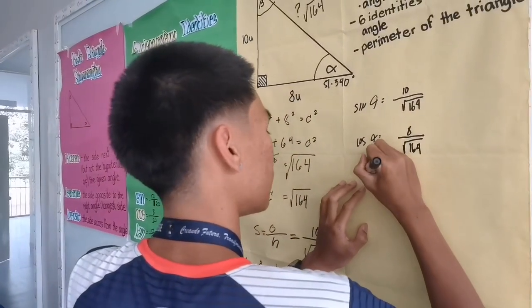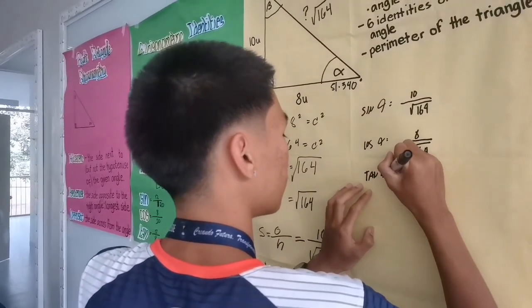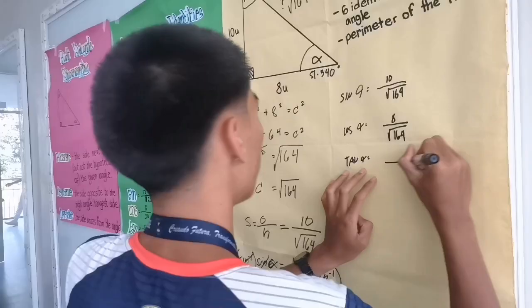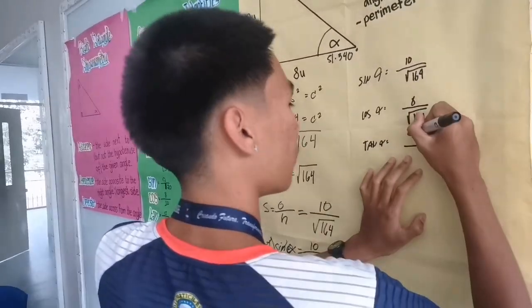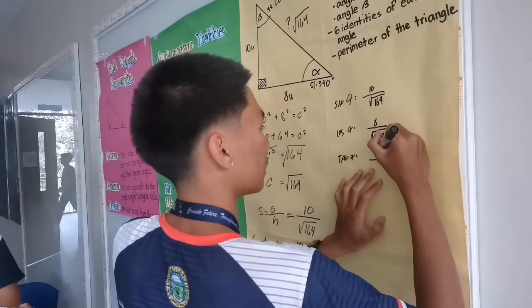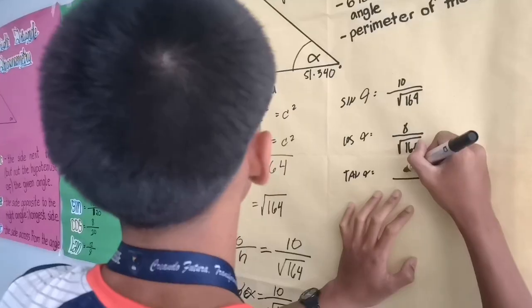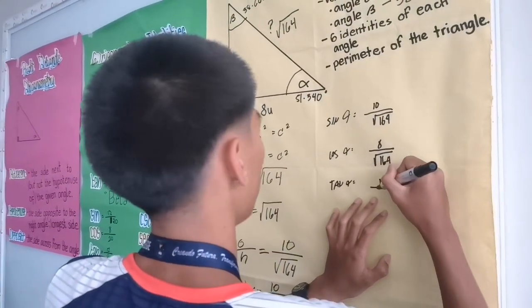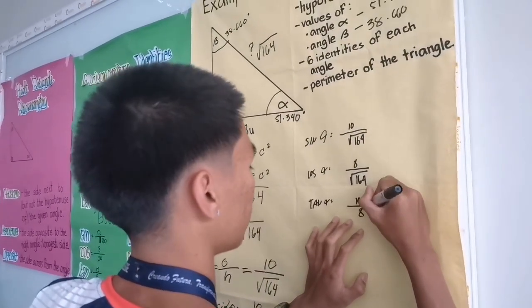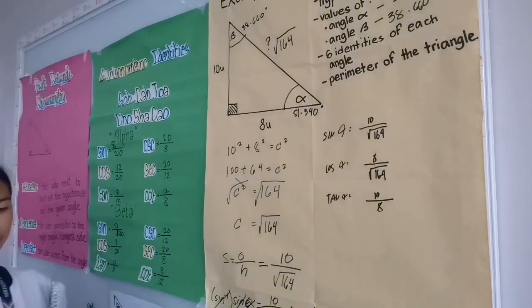For tangent, opposite over adjacent. So good. Very good, Earl.